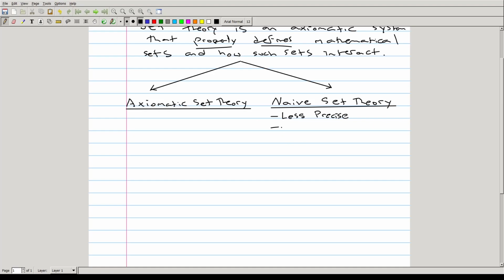And one of the issues here is that we also have the arisal of paradoxes. The one that we're going to talk about in today's lecture is Russell's paradox.